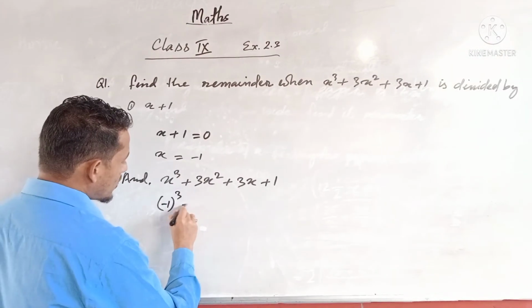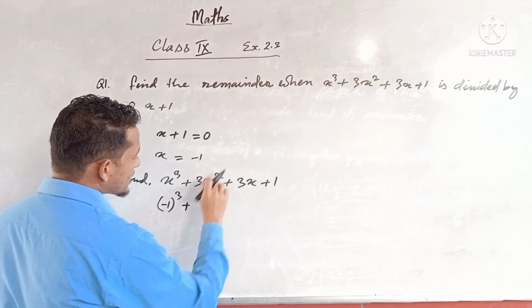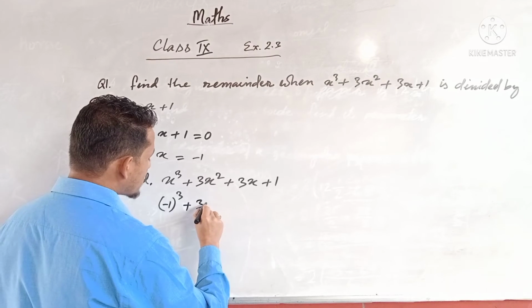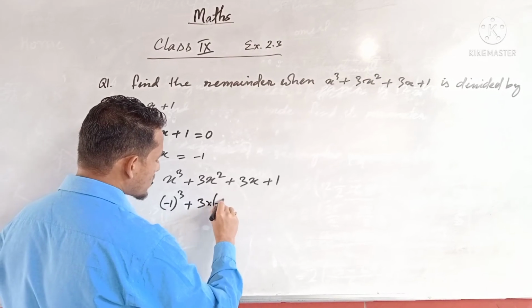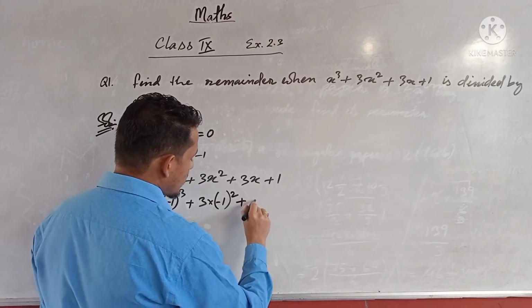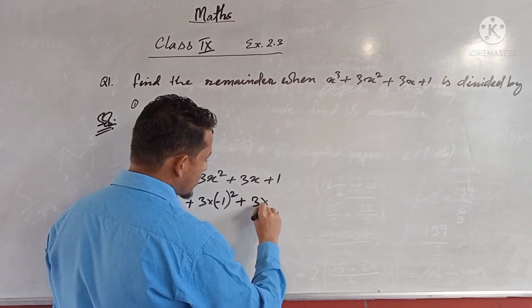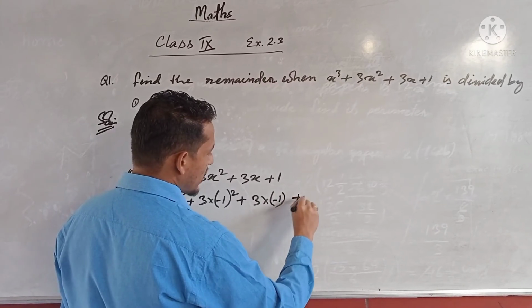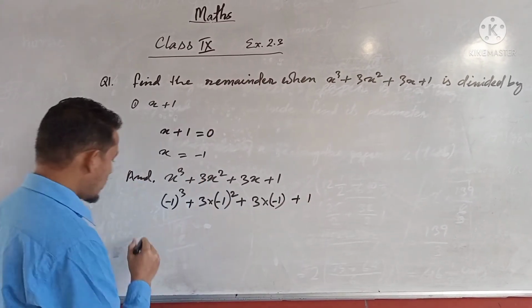Then plus 3x square means 3 will remain the same, and x square means minus 1 square. Then plus 3x means 3 into the value of x, that is minus 1. Then plus, at last, 1.